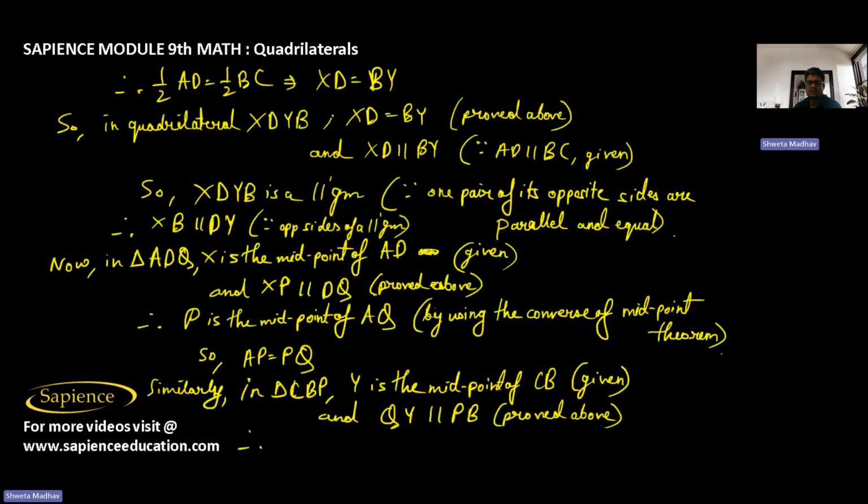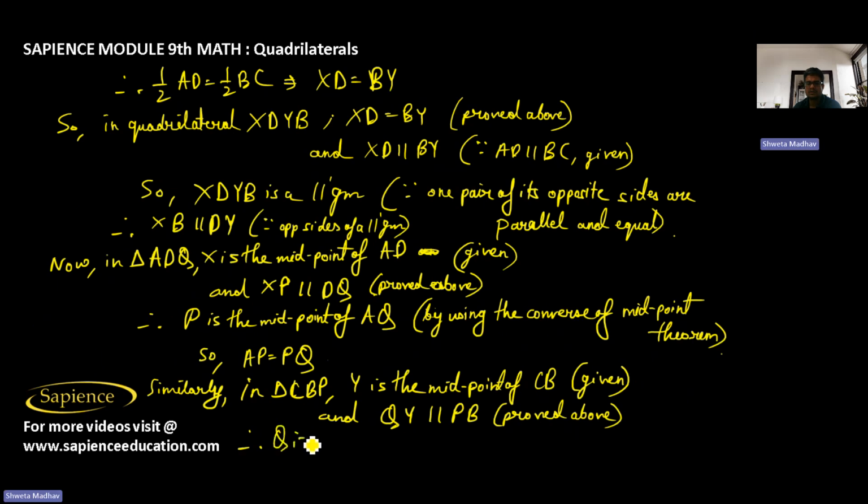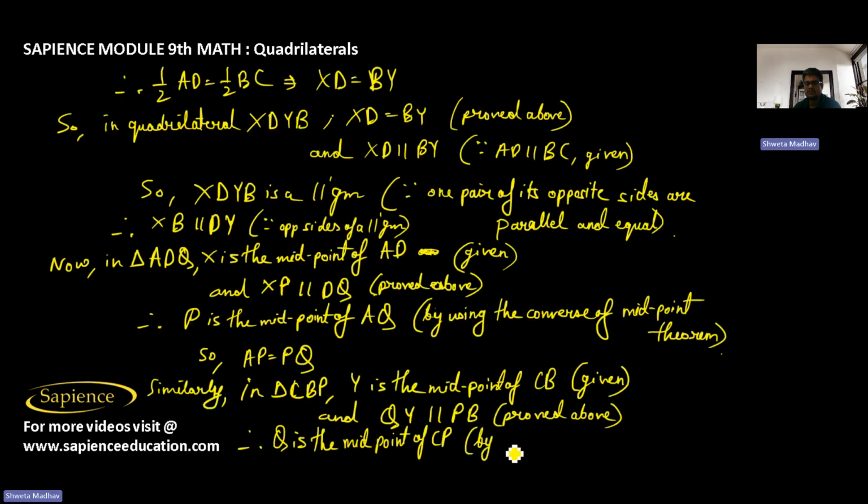So therefore Q is the midpoint of CP, by using the converse of the midpoint theorem.